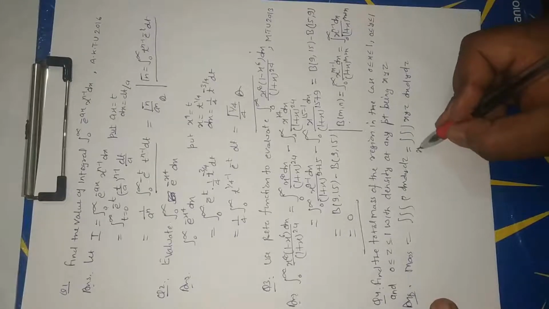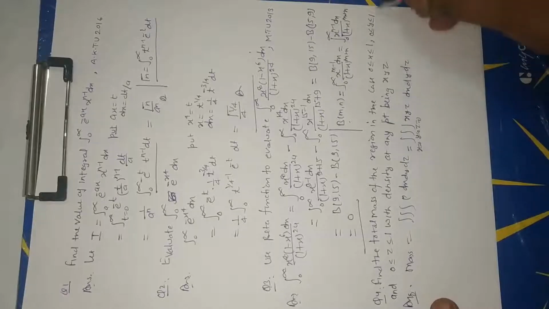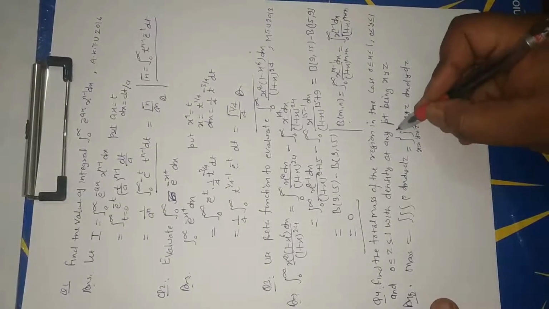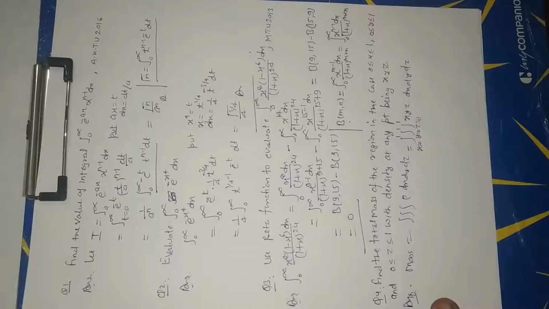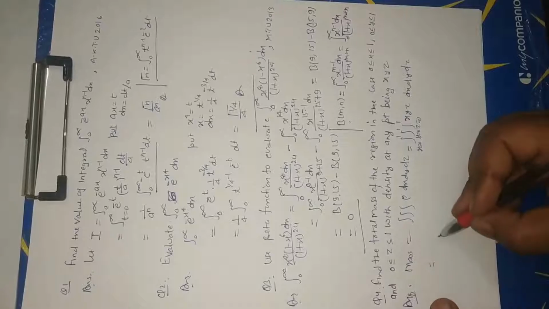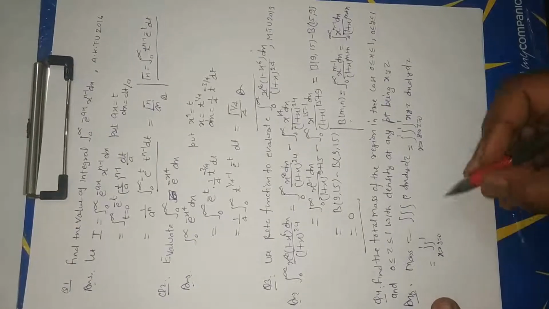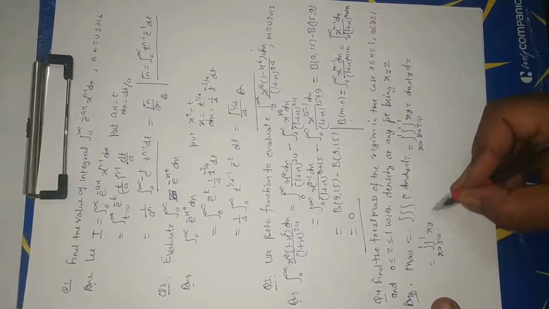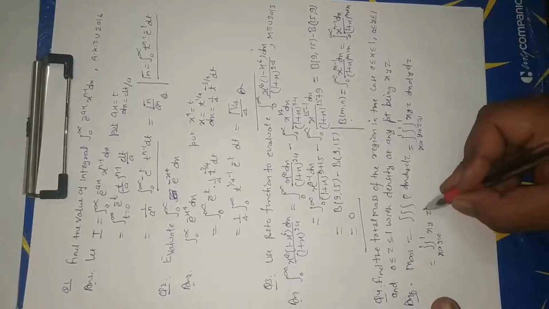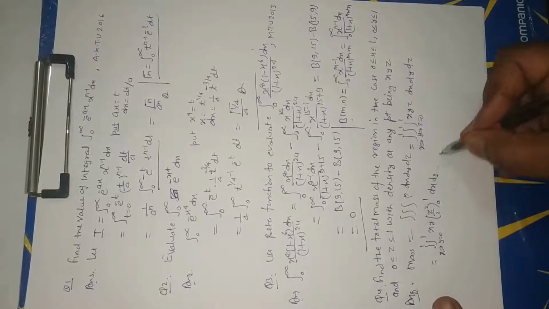The lower limits of x, y, z are 0, and the upper limits of x, y, z are the same, that is unity. Now integrate: x from 0 to 1, y from 0 to 1, x y as it is, integration of z is z square by 2, limit 0 to 1, dx dy as it is.